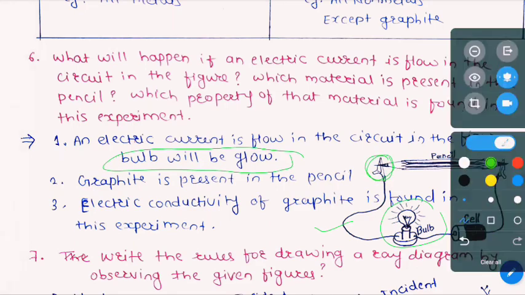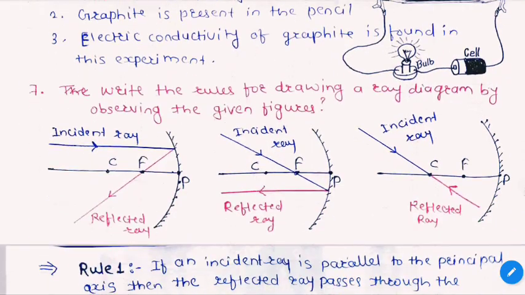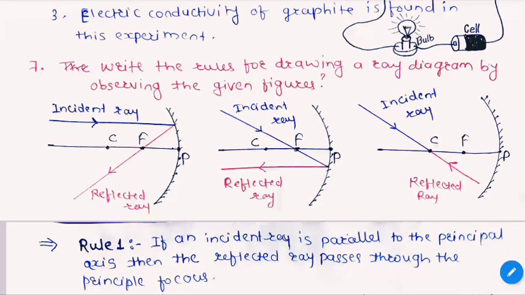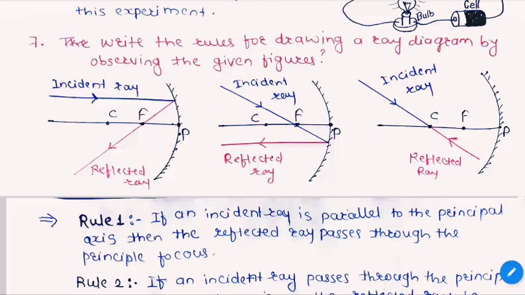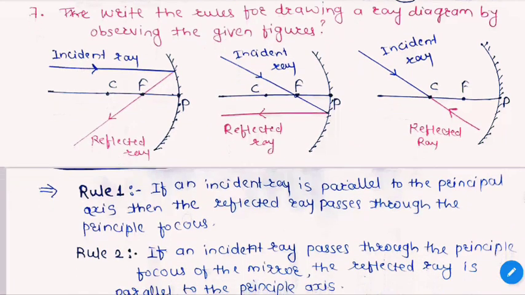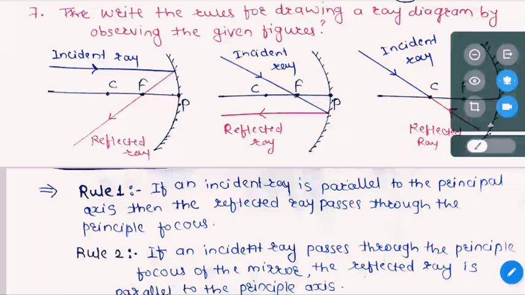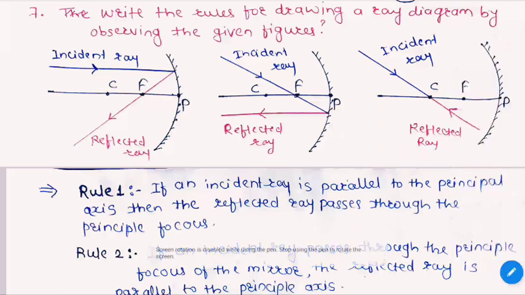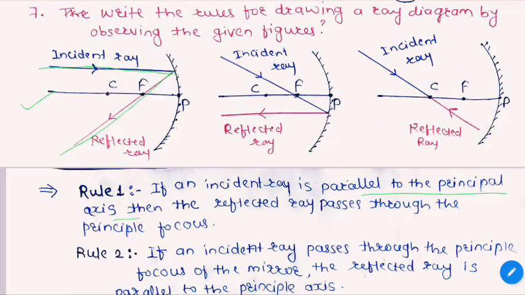Now the next question is, write the rules for drawing a ray diagram by observing the given figure. Here three figures are given for three rules. Observing these three diagrams, you have to write the rules. The first rule is, if an incident ray is parallel to the principal axis, then the reflected ray passes through the focus.